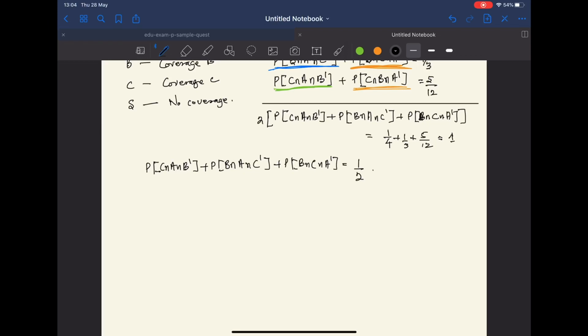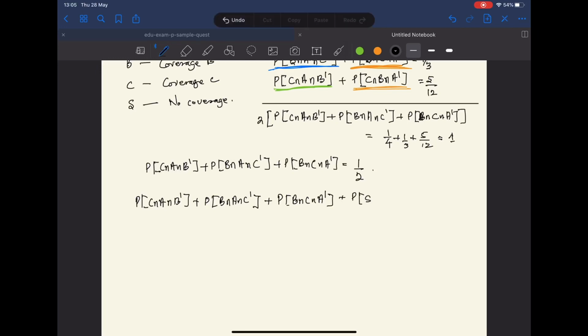Now, we know that this sum, plus the probability of choosing no coverage, should be equal to 1.